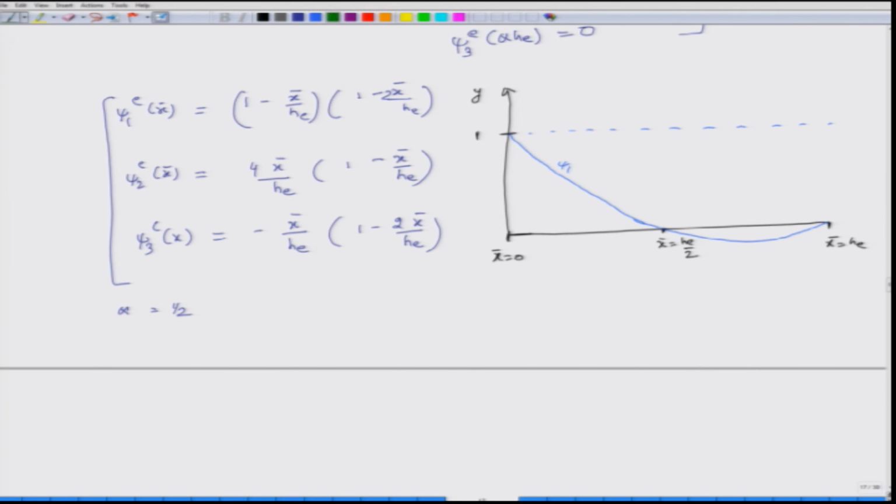Psi 2 varies like this, and psi 3 will vary like that. So, that is my psi 3, this is my psi 2.